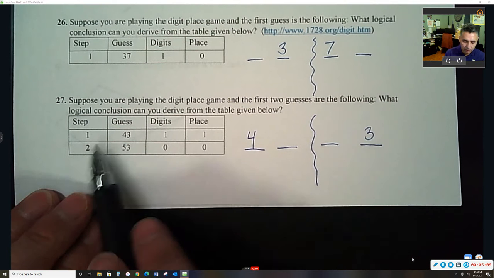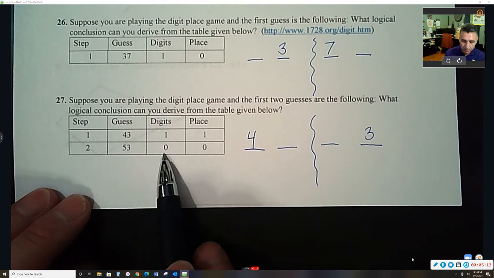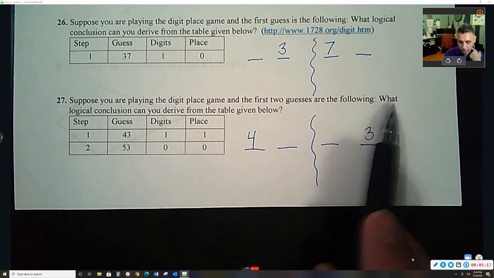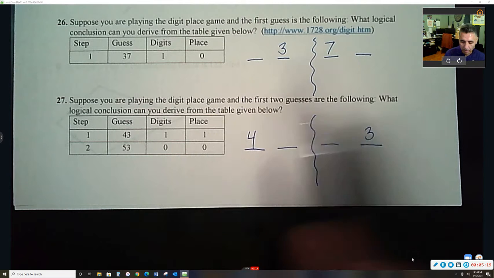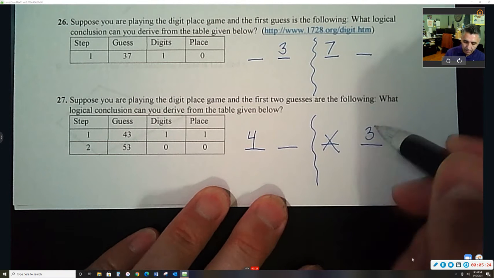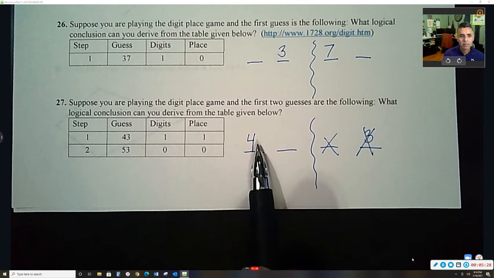Then the next guess says 53. Nothing is correct and it's not in the right place. So then the question is, what logical conclusion can you derive from the table? Well, for my second guess, I know that's not the answer. So the logical conclusion we can derive from the table is my 2-digit number is 40 something, but not 43.